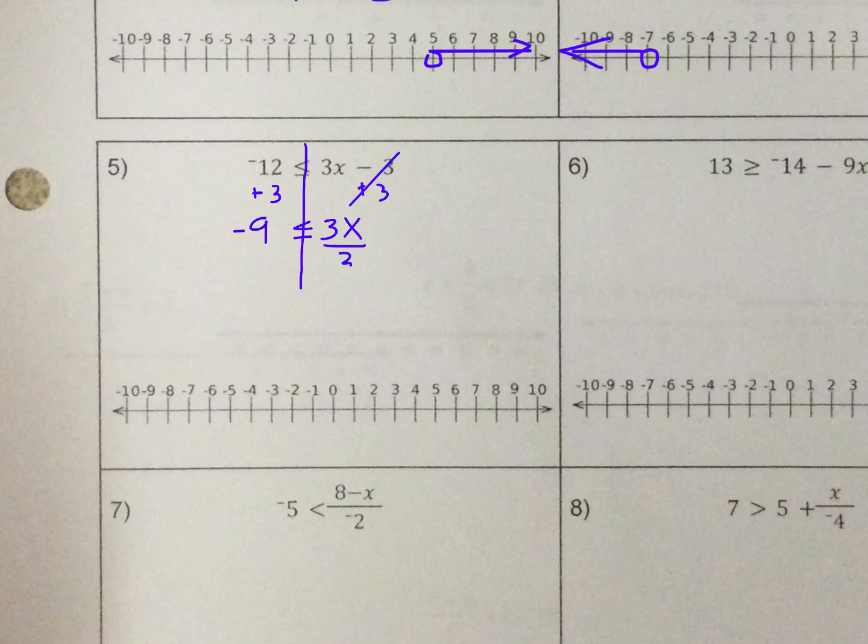Now to get that x alone, I'm going to divide by 3. -3 less than or equal to x. All right, we've got it, but it's on the wrong side. So let's just flip them over, flip, and now we can graph it. Solid circle on -3 to the right.